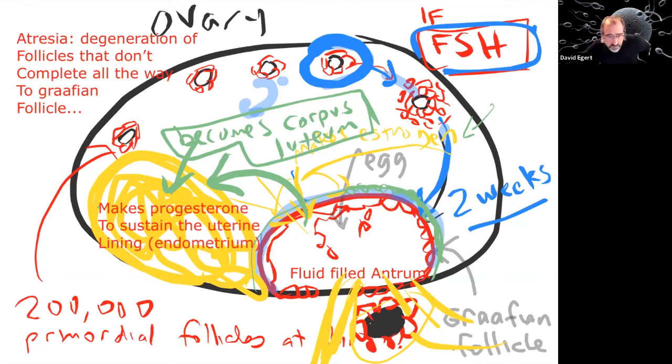I mentioned how the estrogen is talking to the uterine lining, getting it ready for a potential pregnancy. So now the egg has been released, and now the progesterone is saying, all right, we just sent an egg out. Hold your horses, keep all systems go. Because sometime in the next week and a half, you might be getting some fertilized egg coming in ready to implant. So we want to make sure that the uterine lining stays ready and waiting.